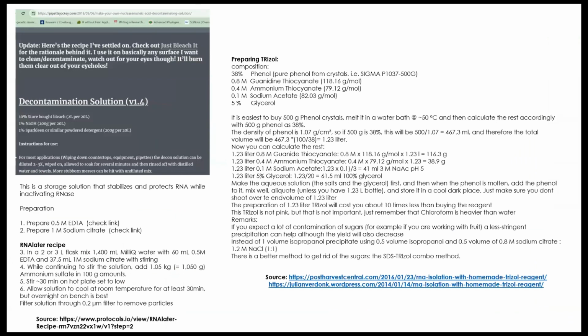I am also giving you here the reference for three different things which are very much necessary in the laboratory. If you buy directly from the leading companies, these are very expensive chemicals. For example, decontaminating solutions, RNA ladder, and the TRIzol.